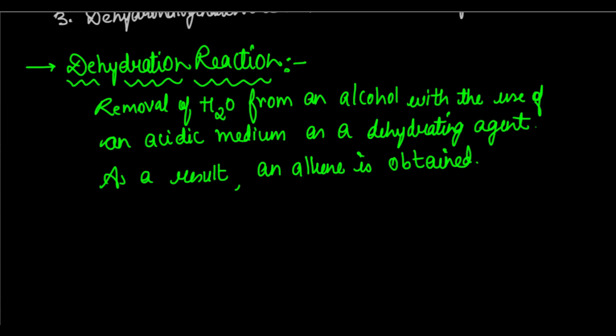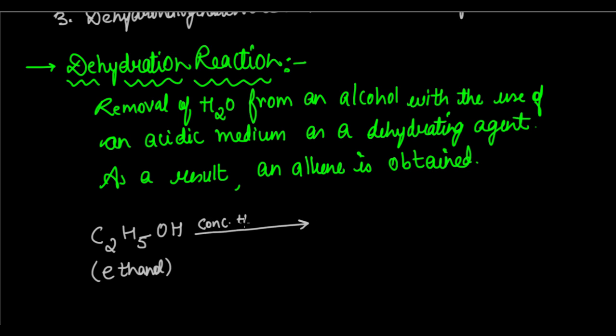Let's take an example. For example, we have ethanol, C2H5OH. Okay, this is your ethanol. Now, ethanol undergoes dehydration reaction in the presence of conc H2SO4. So, concentrated H2SO4 acts as an acidic medium and as a dehydrating agent, and then as a result it removes one water, that is OH and one hydrogen.